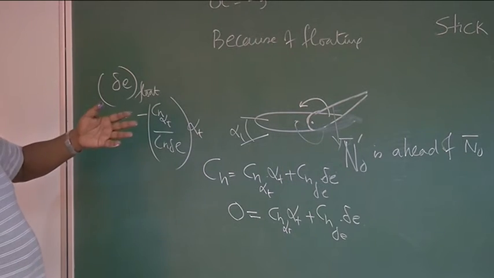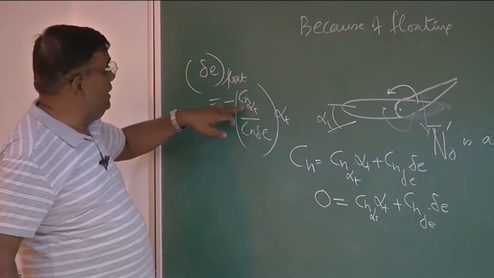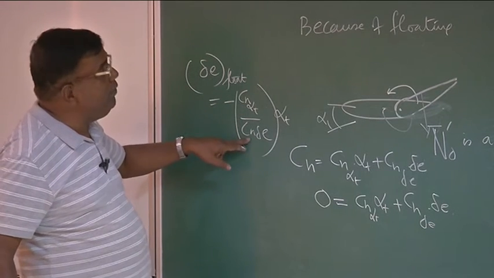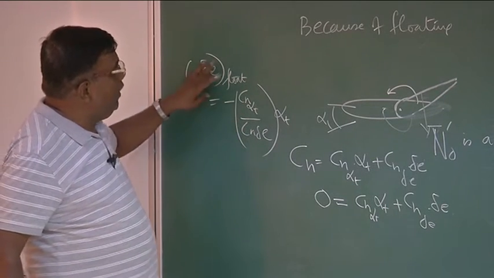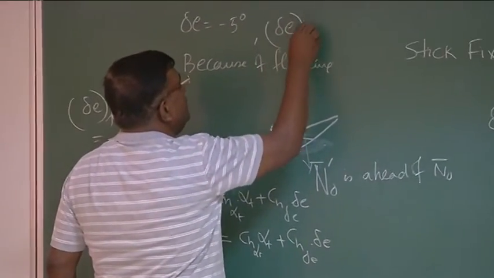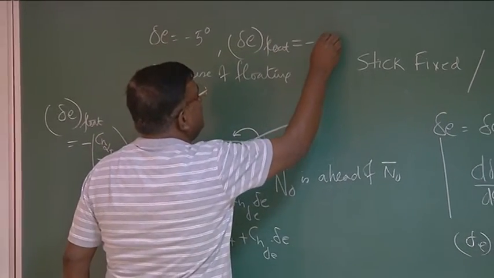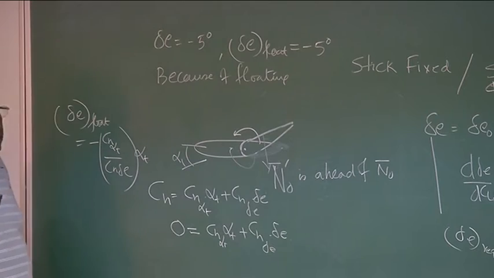So when I am talking about floating tendency, suppose you design CH alpha t and CH delta E in such a way that because of floating, this delta E float at that alpha t also becomes minus 5 degree. I repeat this question.